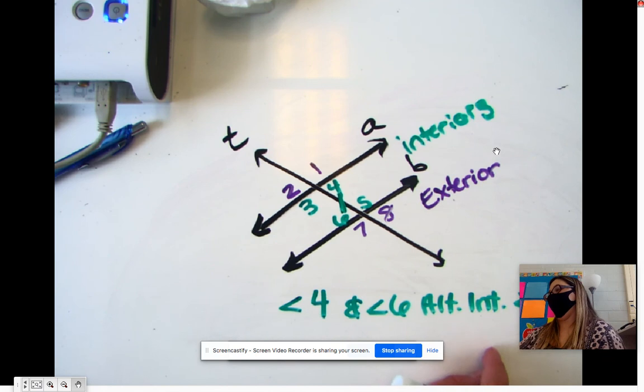What's the other pair of alternate interior? There's only one other pair. They have to be interior angles and across from each other.